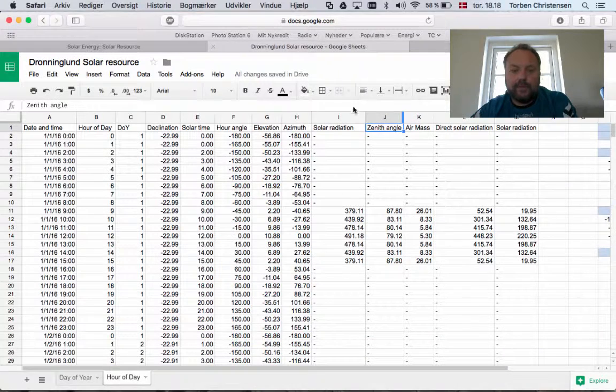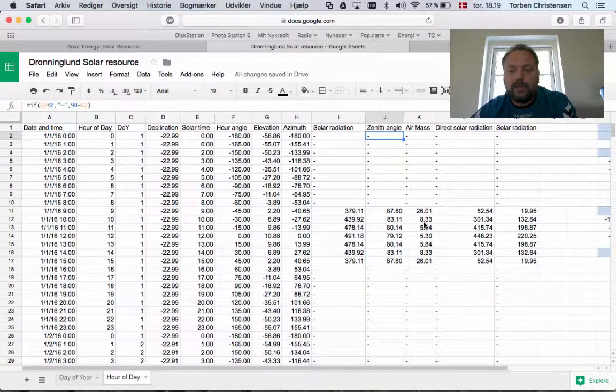We have here our zenith angle, saying that again, if my elevation is below 0, then of course I have no zenith angle. If it goes higher than 0, then the zenith angle is the same as 90 degrees minus the elevation. So very high zenith angles here in the winter time.